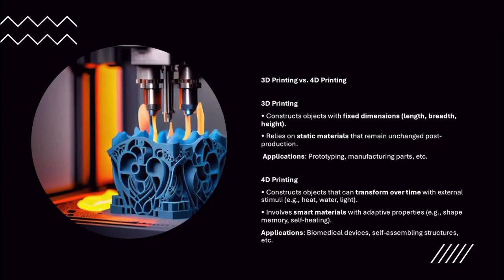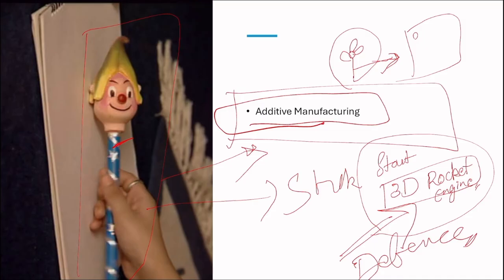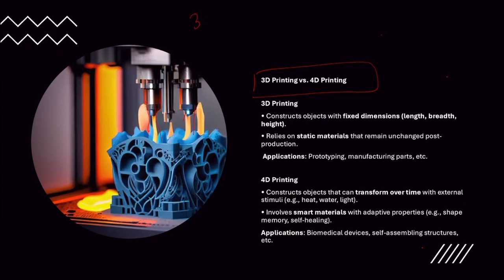This is called additive manufacturing. Before going to what 3D printing and 4D printing are, additive manufacturing can also be called 3D printing. 3D printing is nothing but a machine, and in that machine you give a model.